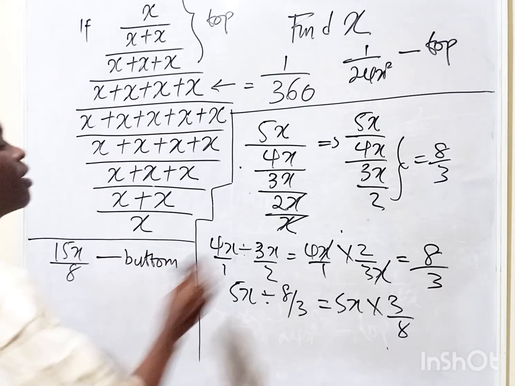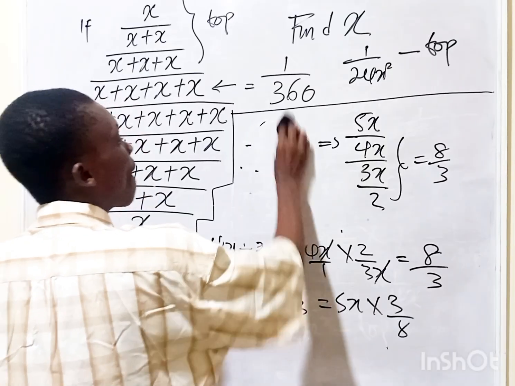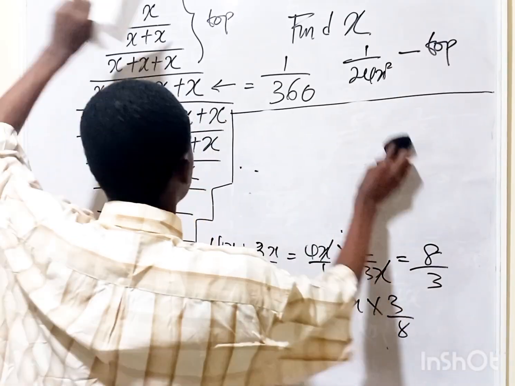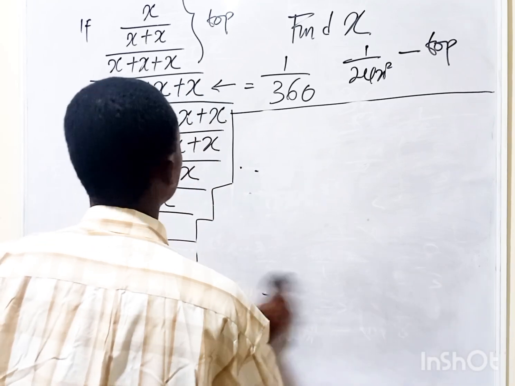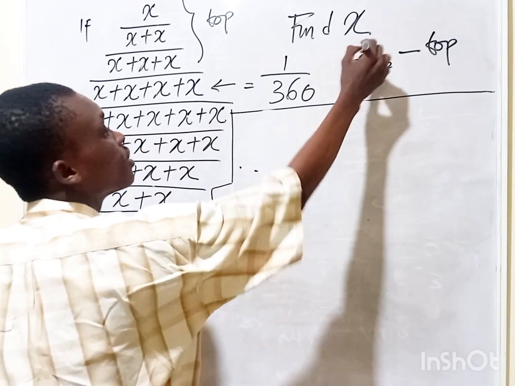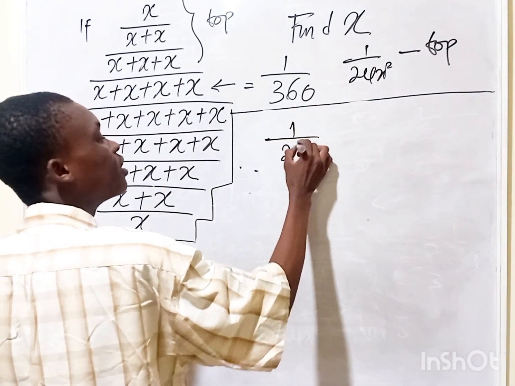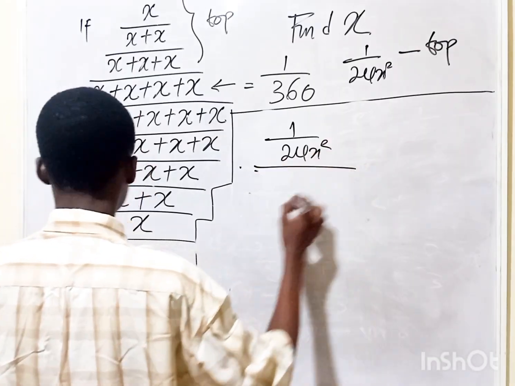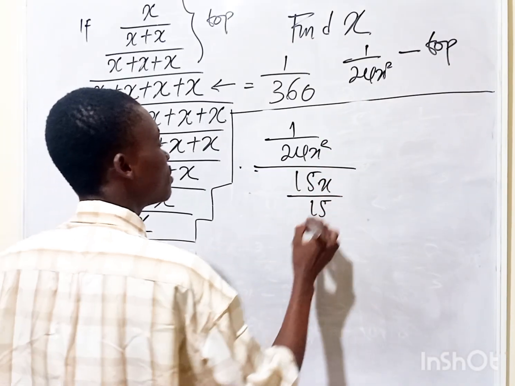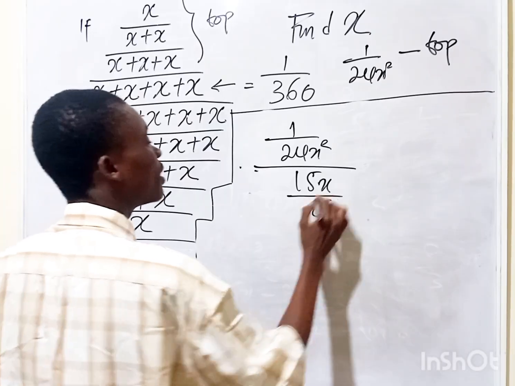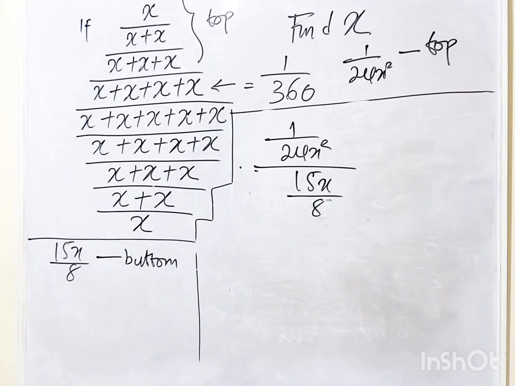All right, so from here, we have reduced the whole of this equation to this: the top, which is 1 all over 24x squared, all divided by the bottom, which is 15x all over 8.